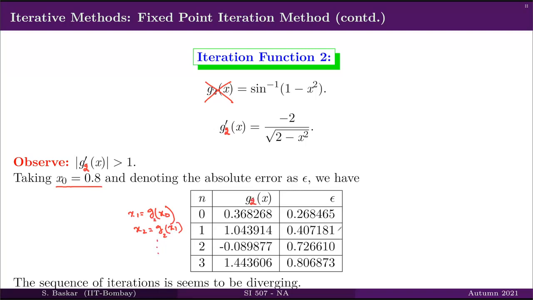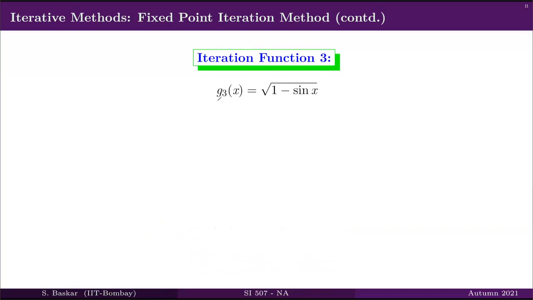Like that, you can see that the error keeps on increasing as we go on with the iteration. And in fact, you can see that this error will grow drastically. You can compute it and see on the computer, and that gives us a feeling that this sequence seems to be diverging.